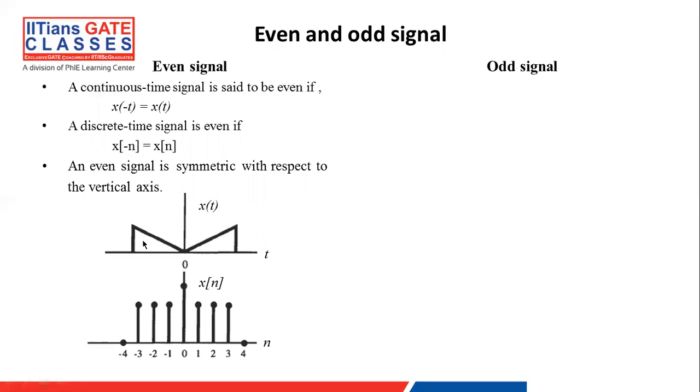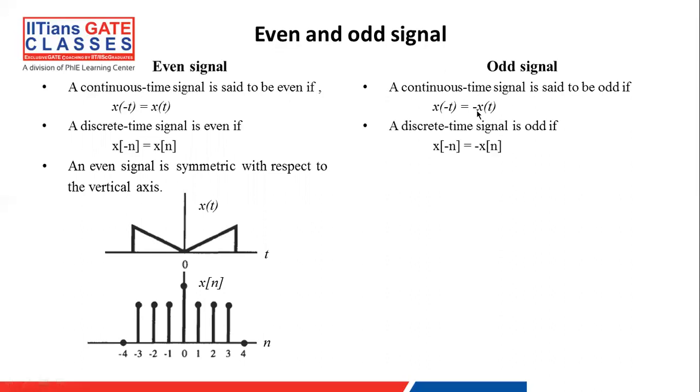In case of an odd signal, the sign will get changed. So x of minus t will be minus of x(t), and x of minus n will be minus x of n. Now when you plot this, it will be just flipped. In negative x, it will be just a flip of this. So let's say at t equal to a you are getting some value; at t equal to minus a, it will be the negative of this value.